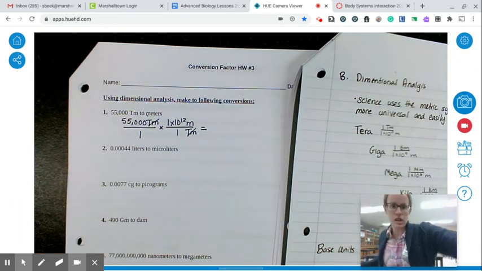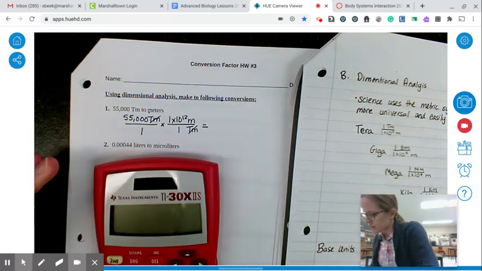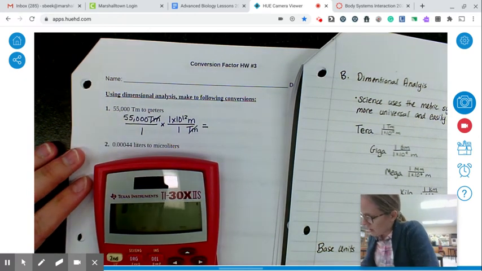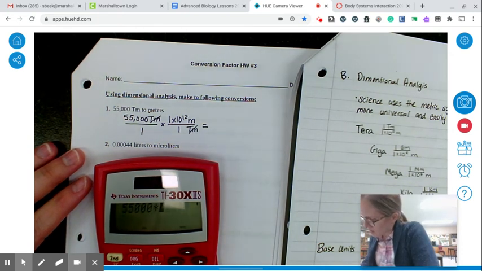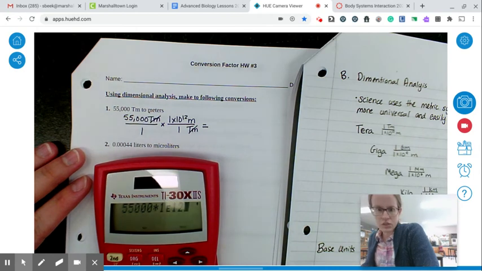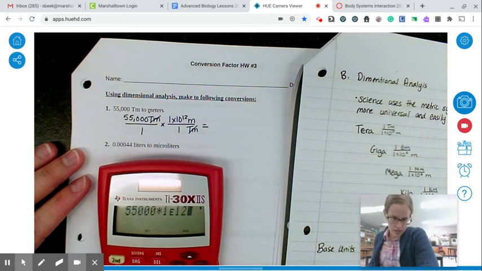So then I'll plug it into my calculator, and I'll do 55,000 times, and then I'll do 1. In my calculator, I have an EE button, so I did 1, second EE, and then I just type in 12. So on here, it looks like 1E12.